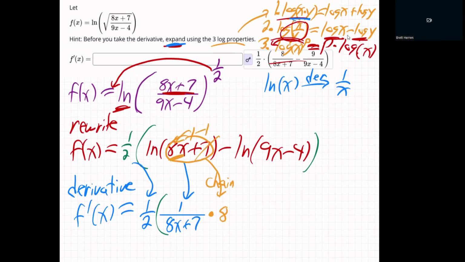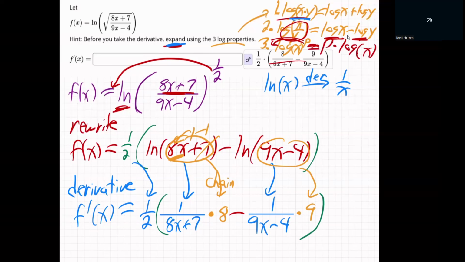So it's not big, but don't forget it. Minus, now it's the other guy's turn. What's the derivative of this guy? Well, again, it's going to be 1 over the argument. But because the chain rule's here too, times the derivative of the inside, which is just going to be 9.